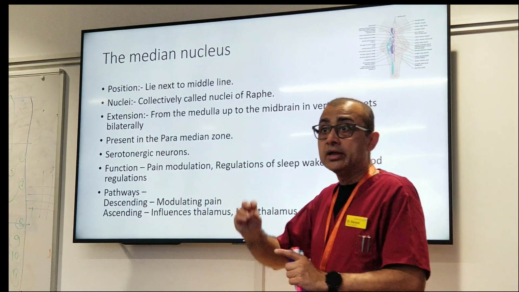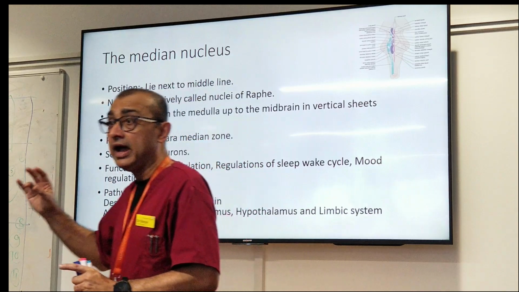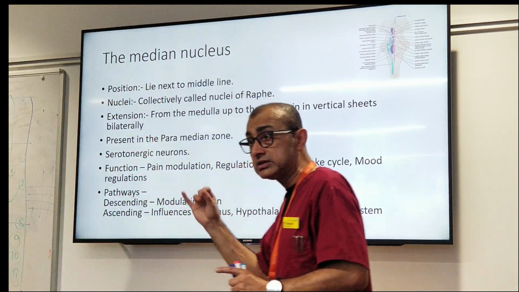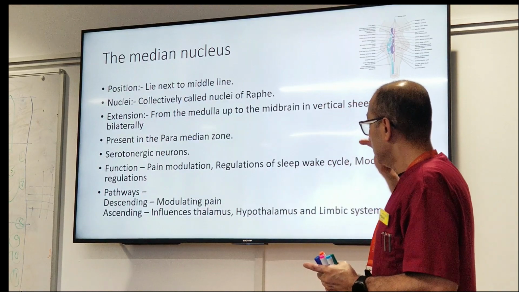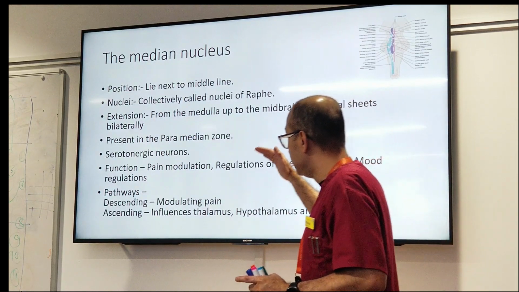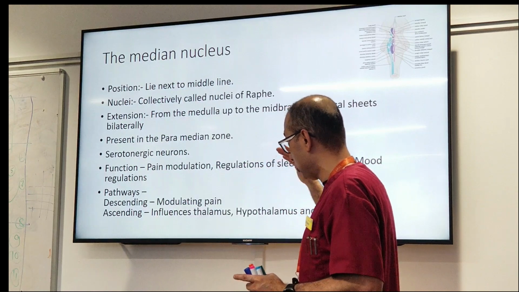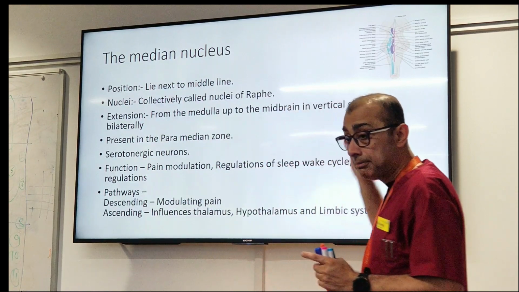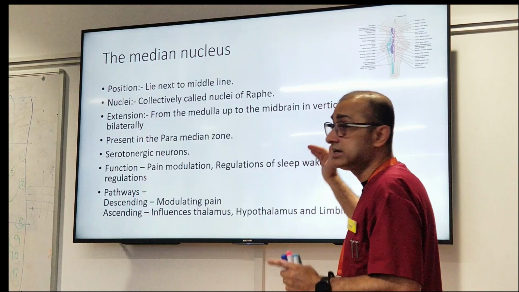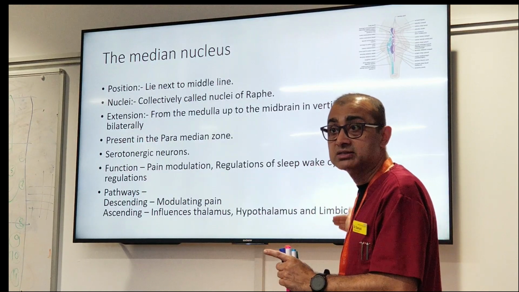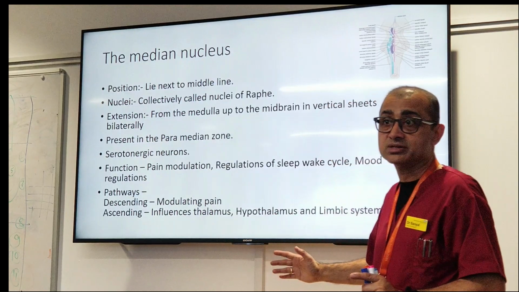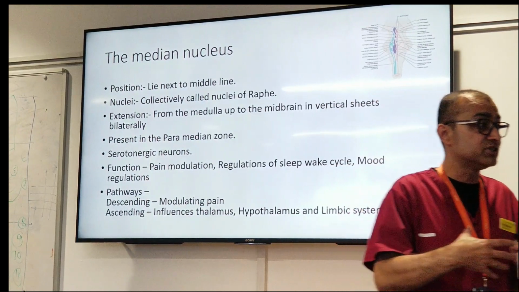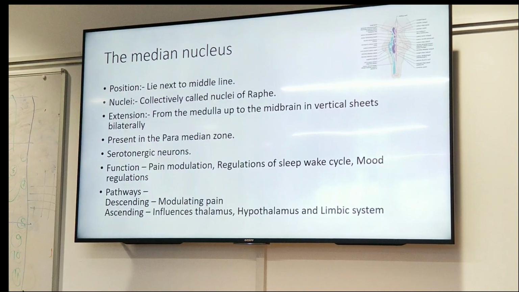Very important: sleep, pain, and mood, and serotonin is the neurotransmitter. As you can see, these pathways modulate pain, but they also influence the thalamus, hypothalamus, and limbic system. They are intimately connected with the limbic system, so you just need to have an overview of the limbic system.